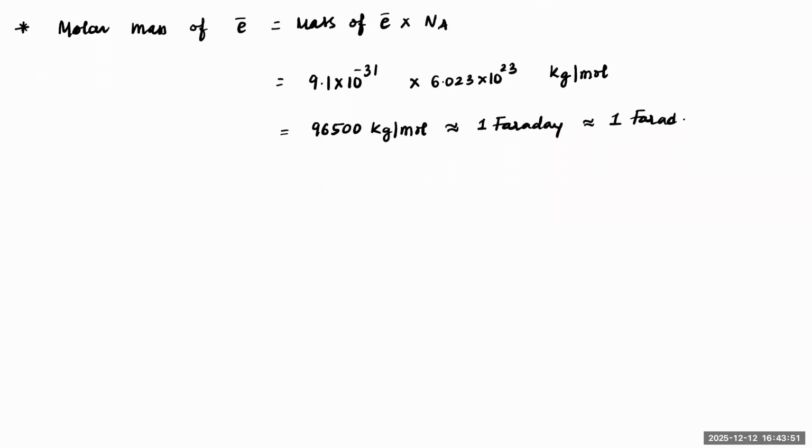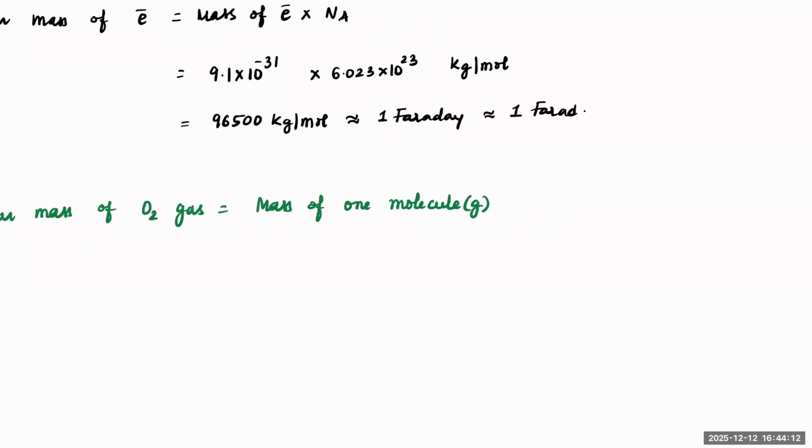Likewise, I can ask what is the molar mass of O2 gas. That means I'm referring to mass of one molecule, preferably write it in AMU, and then you can convert that into grams, correct?